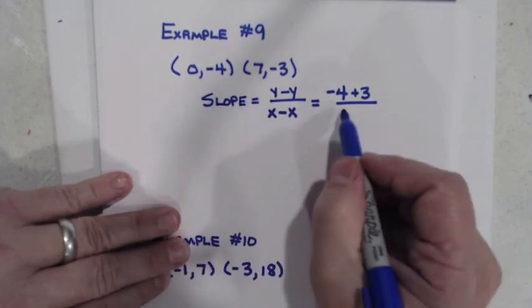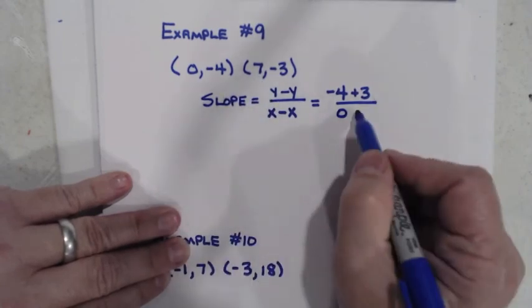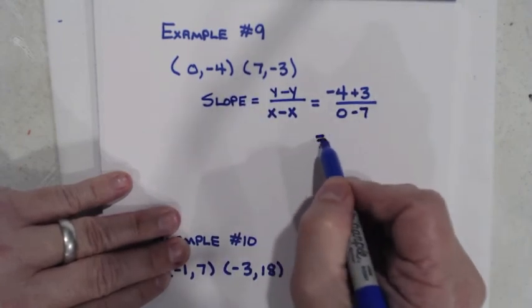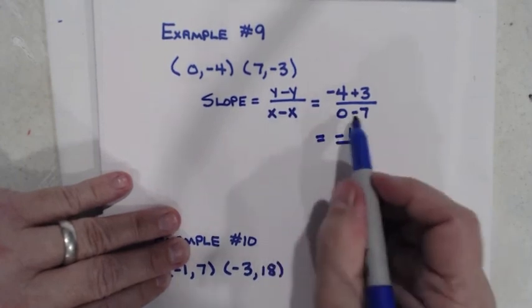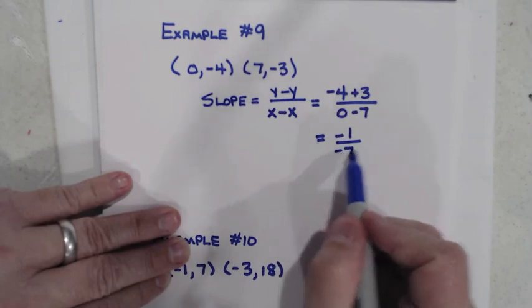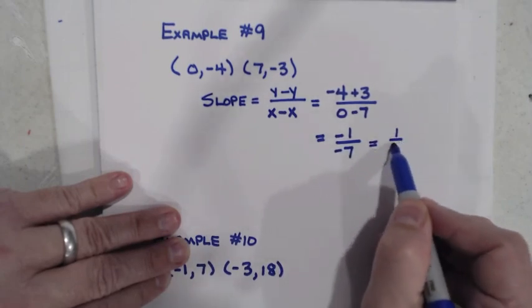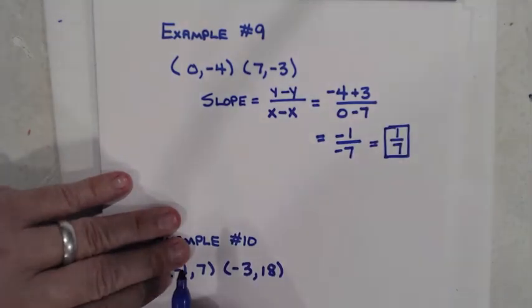My first x is 0. The opposite of my next x, -7. -4 plus 3, -1. 0 minus 7, -7. Again, a negative divided by a negative is a positive. This is +1/7. That's the slope that goes through those 2 lines.